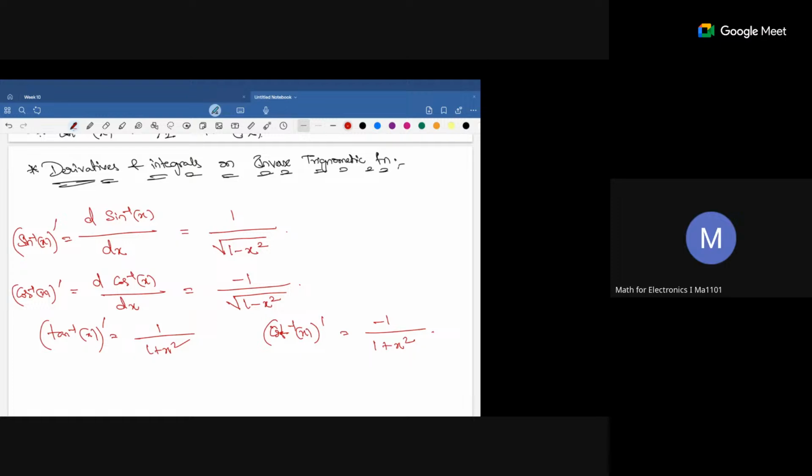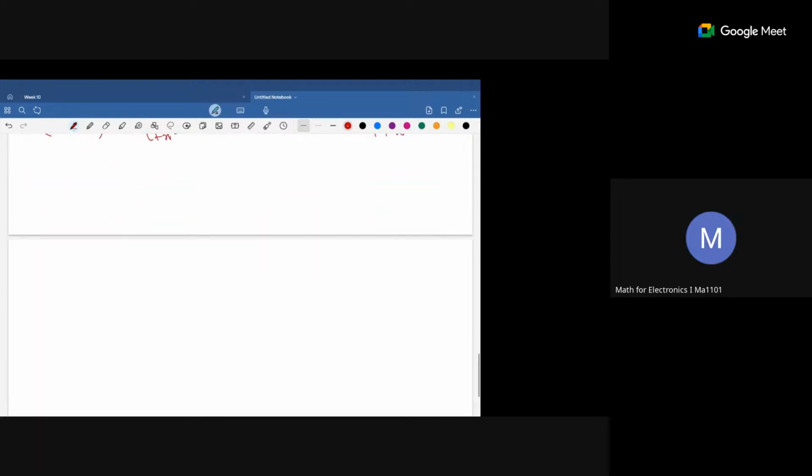And with respect to integrals, how do inverse trigonometric functions help us in computing integrals?